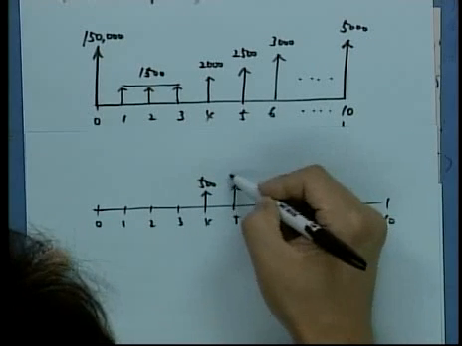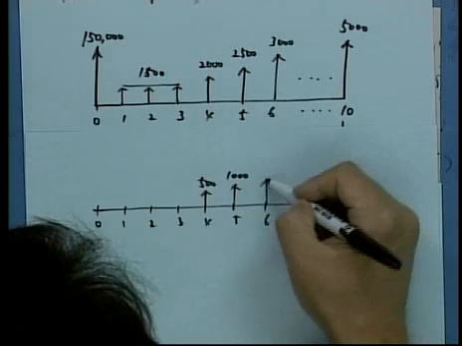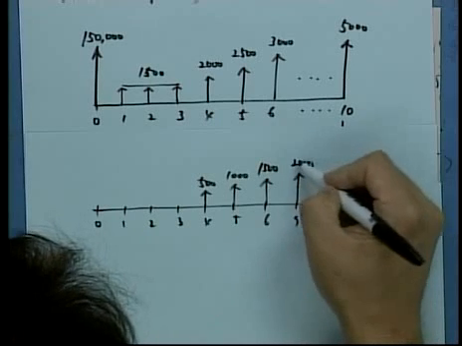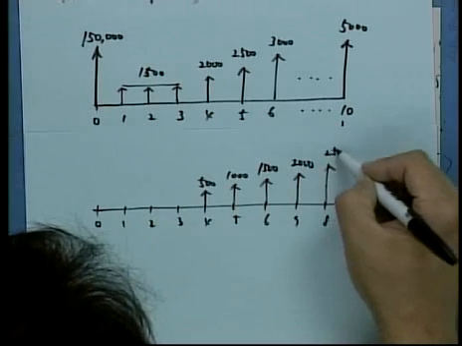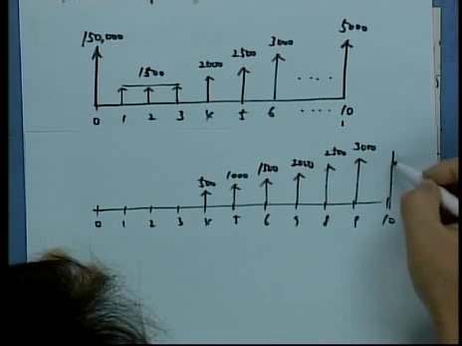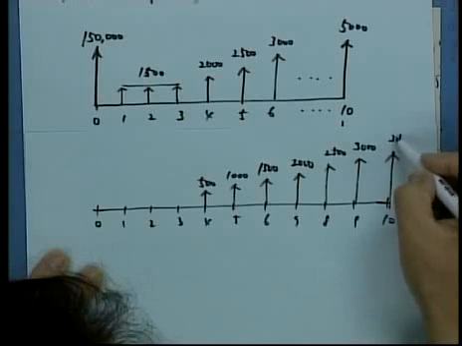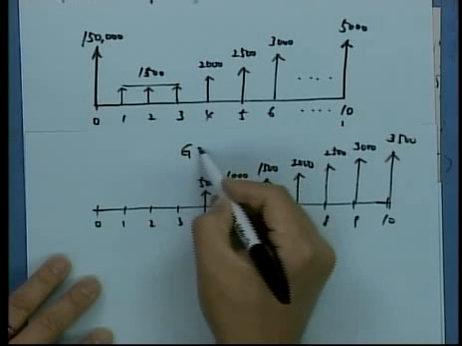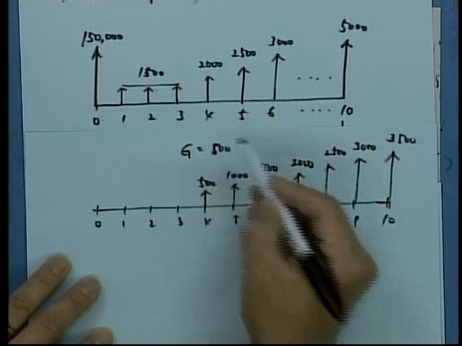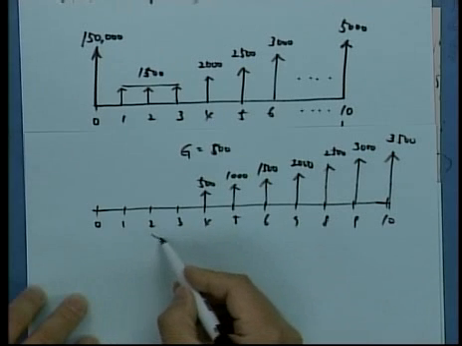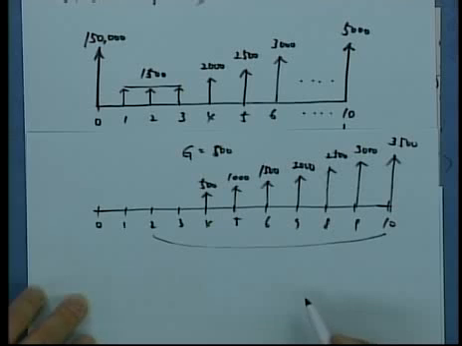At the end of period 5, 1,000. At the end of period 6, 1,500. Then 2,000, 2,500, 3,000. And at the end of period 10, we have 3,500. So this is the arithmetic gradient series of 500 over how many periods? From 2 to 10, for 8 periods.